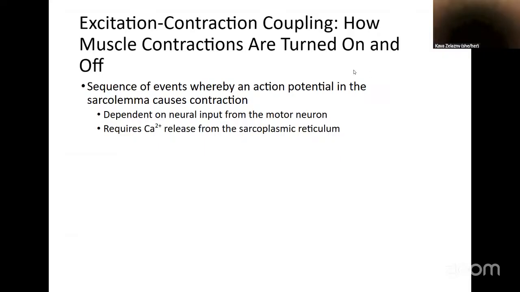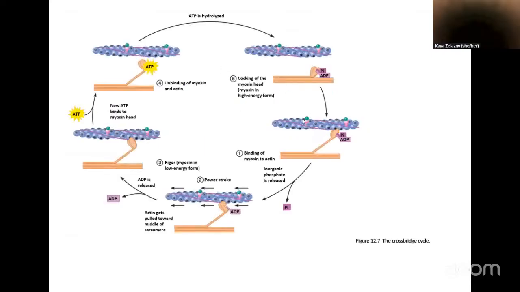When we talk about excitation-contraction coupling, all we're saying is that we have a sequence of events that takes us from the end plate potential to propagating an action potential across the sarcoplasm down into the muscle fiber and releasing calcium to expose these myosin binding sites on the actin.